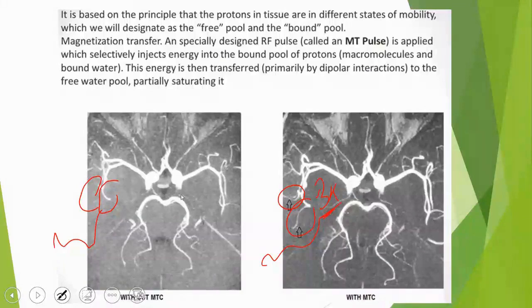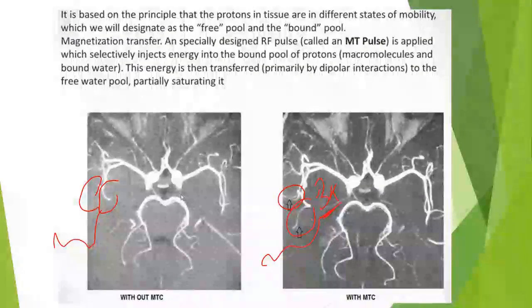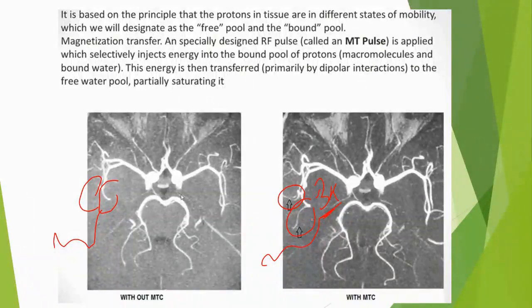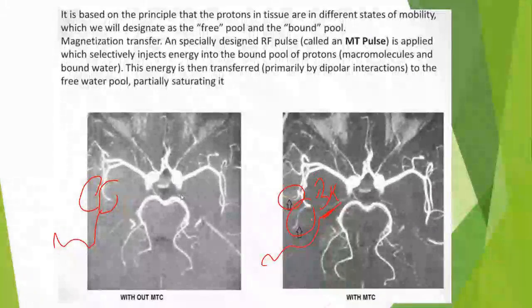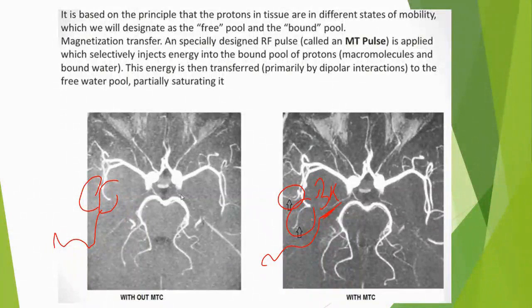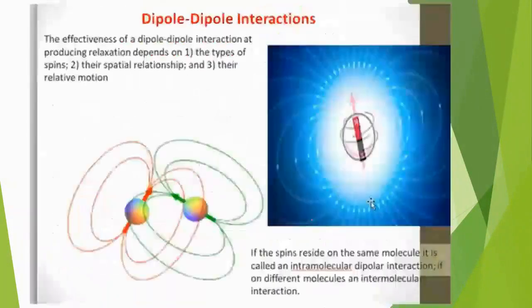What you want to do is to apply something called a saturation pulse. This pulse is applied to the macromolecules before your sequence, before your spin echo.